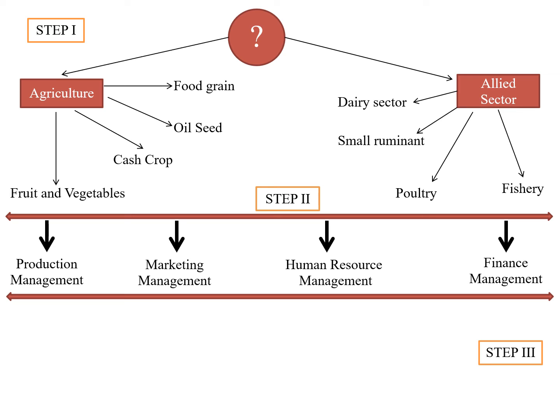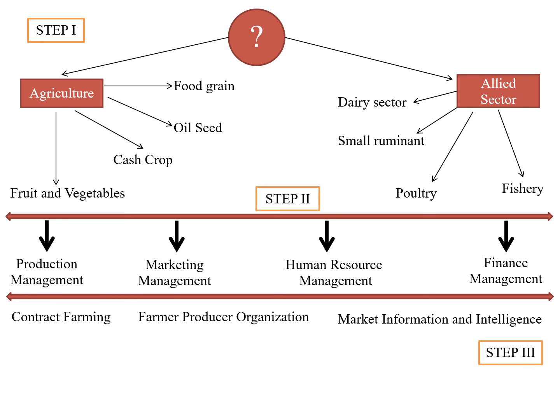Another area you may choose for your future research: I am going to highlight some researchable areas that are mainly focused on by the government nowadays. One is contract farming, second is the farmer producer organization or farmer producer companies, which you can call the collectivization of resources.